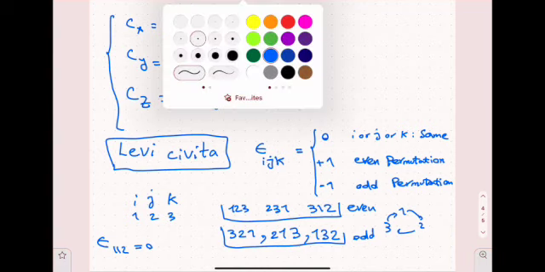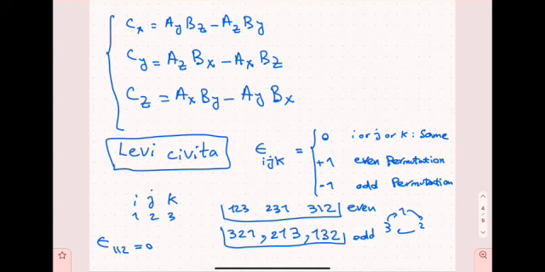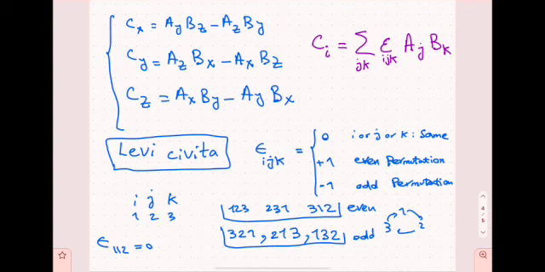So one way of simplifying this is to write that C of i equals the summation over j and k, epsilon i j k being the Levi-Civita symbol, times A of j and B of k.